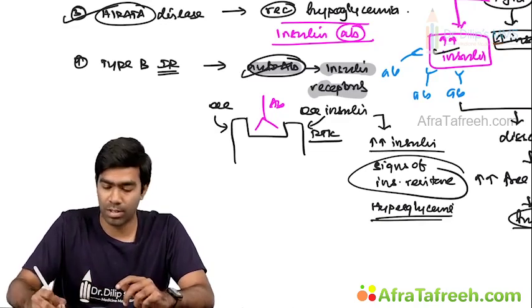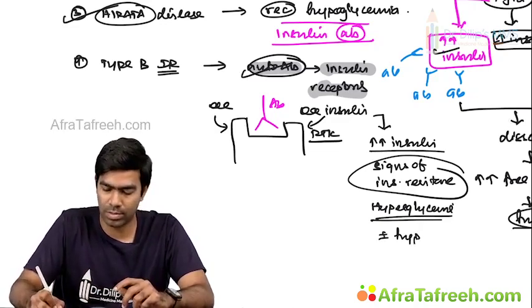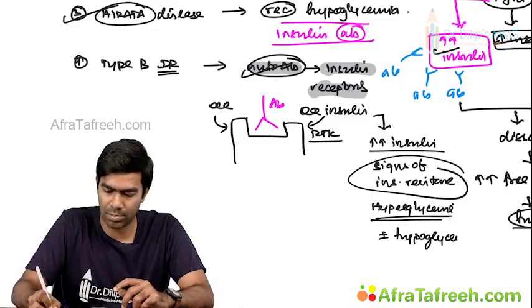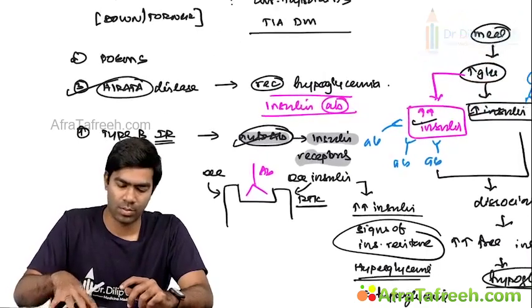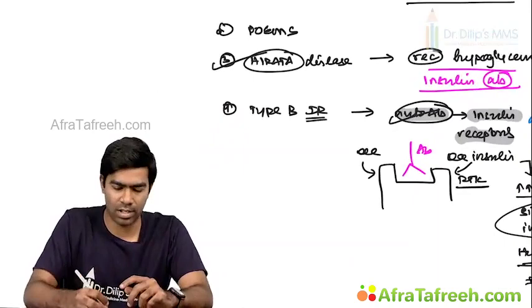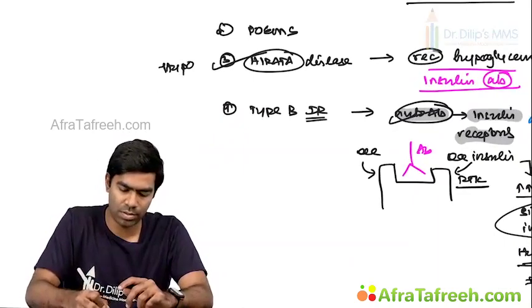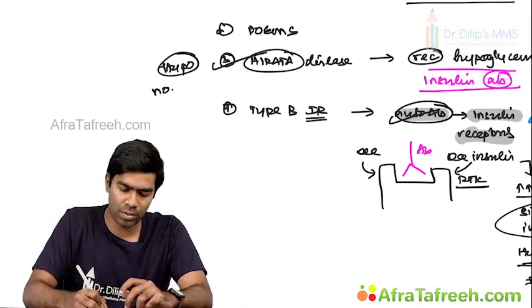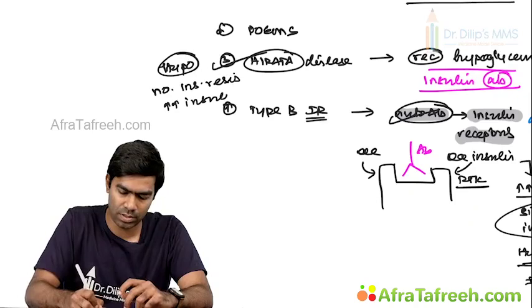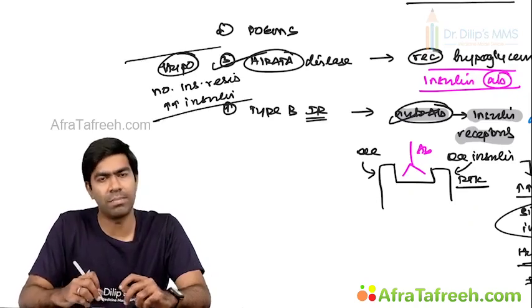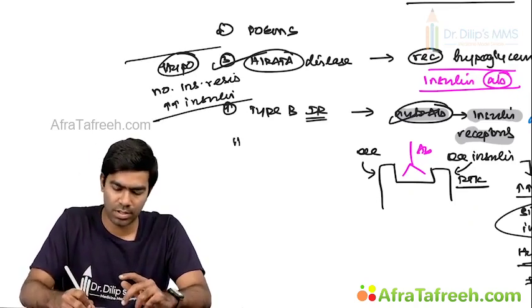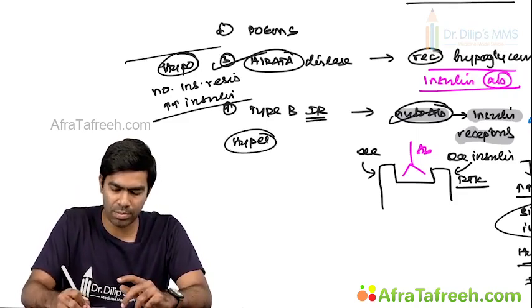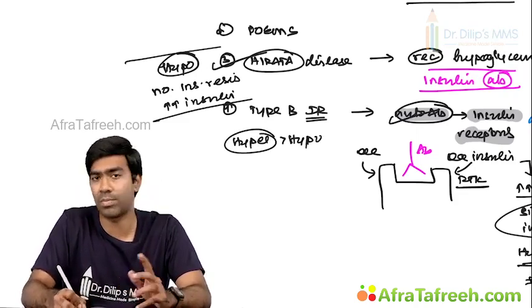And paradoxically, they are prone to hypoglycemia also, which means both hyper as well as hypo can happen. So what is the difference from Hirata? Hirata will produce only hypo. Clear? At the same time, they will have no signs of insulin resistance, and they'll have extremely high insulin levels. Whereas type B insulin resistance patients are more prone to hyper than hypo, but they can develop severe hypo also sometimes.